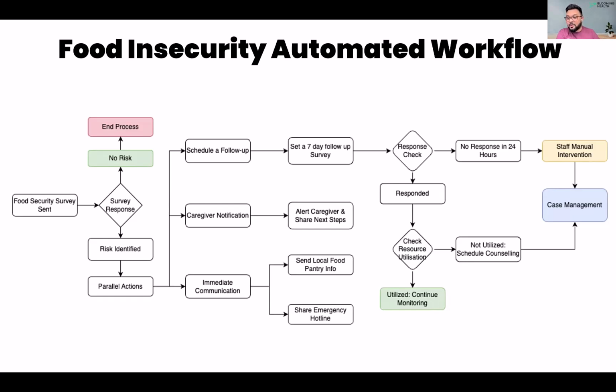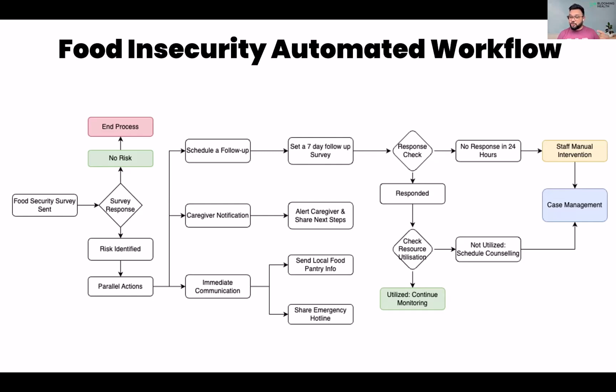And at the same time, it automatically sends a notification to their caregiver that the person they're taking care of has been detected as food insecure and what the potential next steps are that they can follow. Right? So not just reaching out to the member who has been detected as food insecure, but at the same time, automatically reaching out to the caregiver just by defining a set of rules using Blooming Health automation.